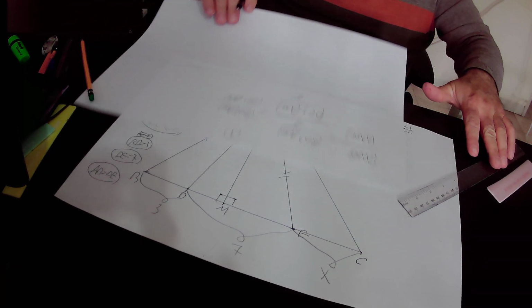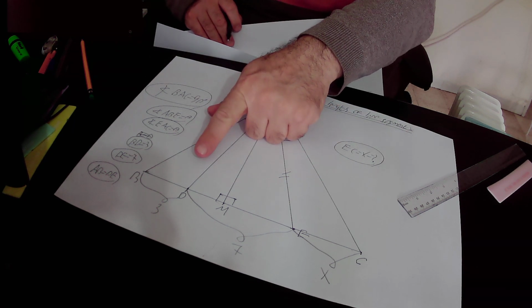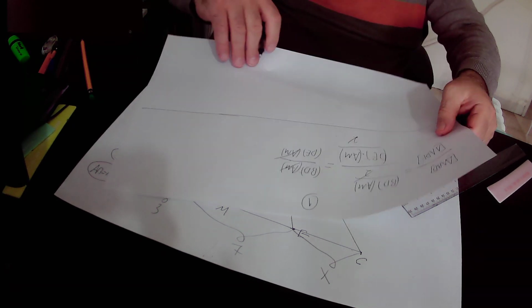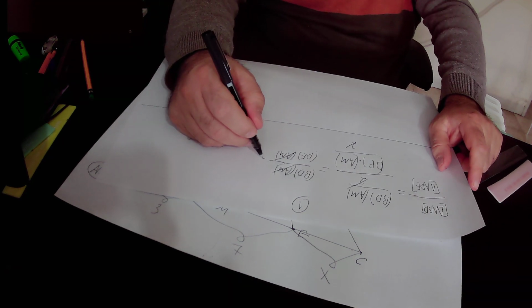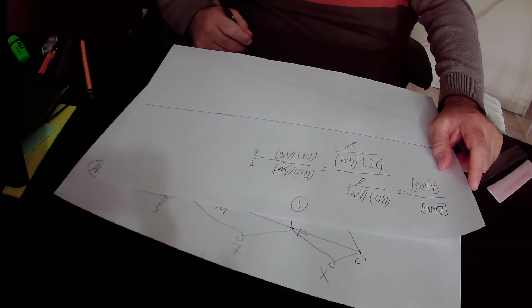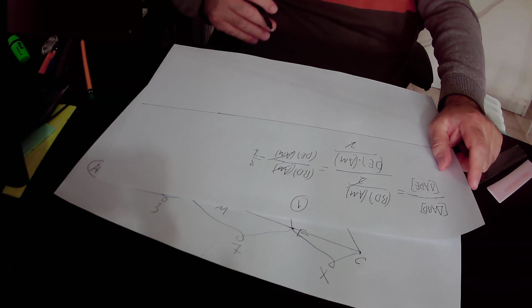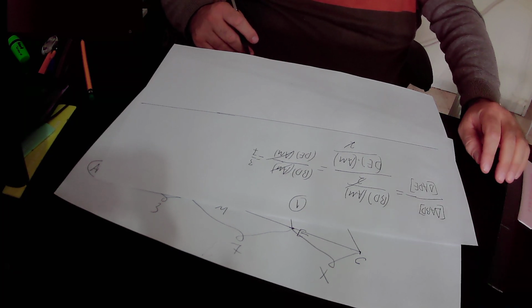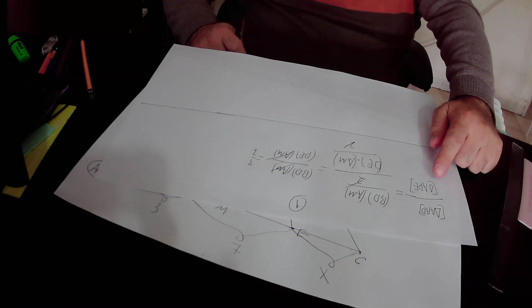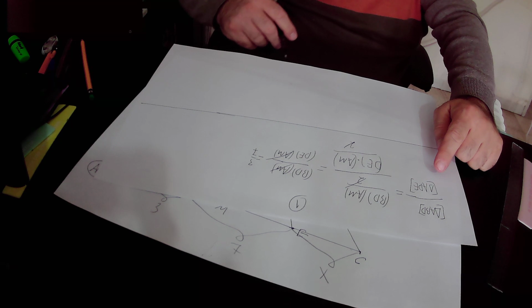And it is given in the question that BD equals 3 units and DE equals 7 units. So we can write here that it equals 3 over 7. So that is one way to calculate the ratio of the areas of triangles ABD and ADE.